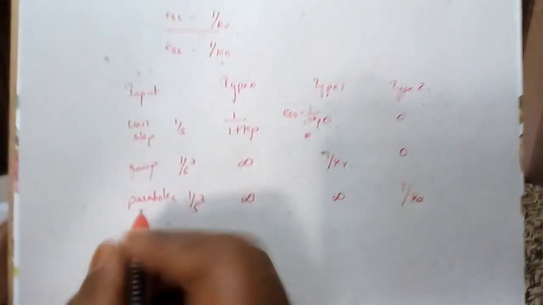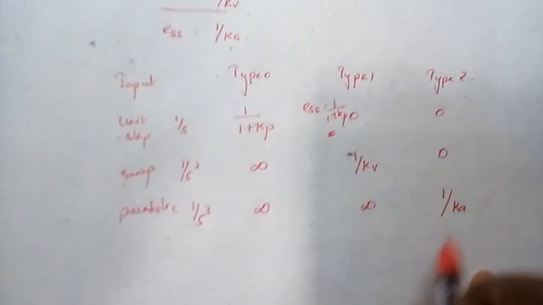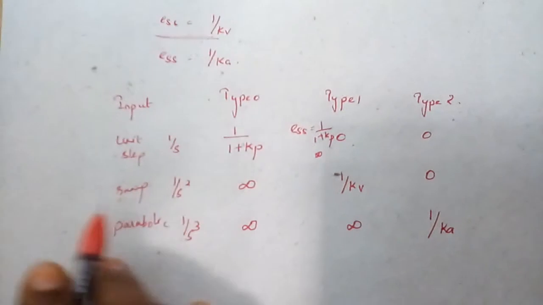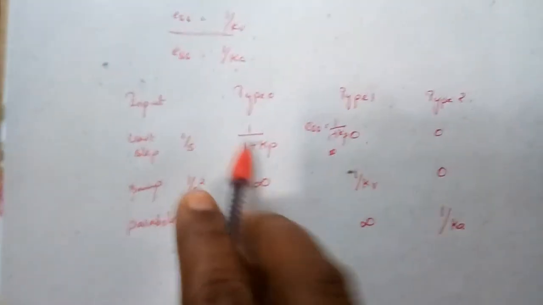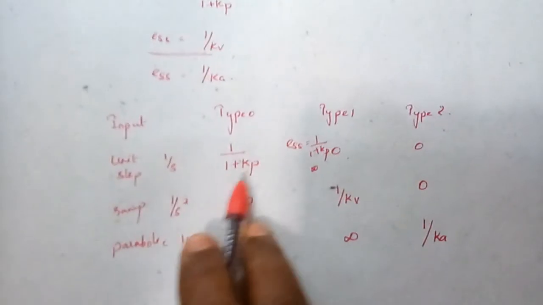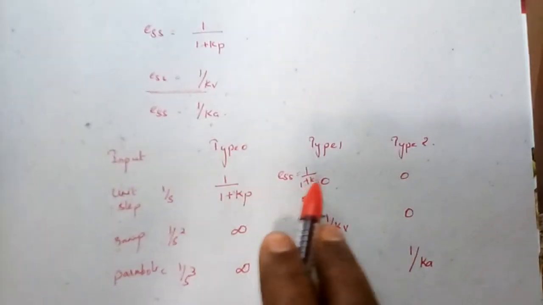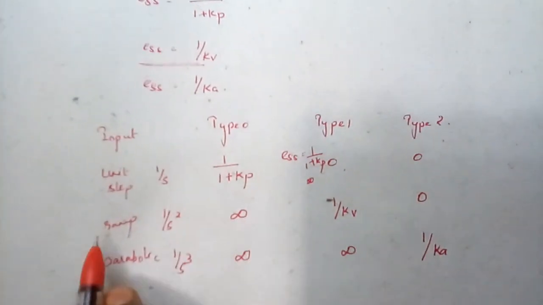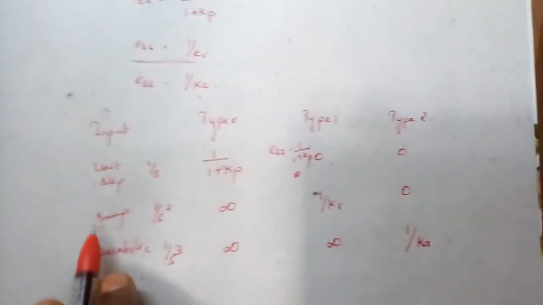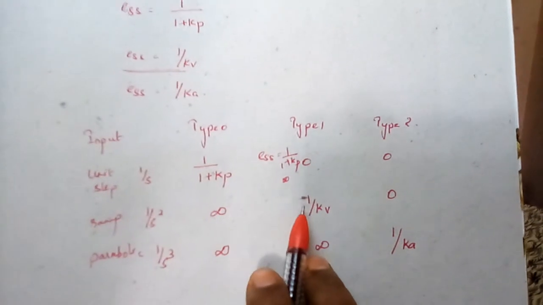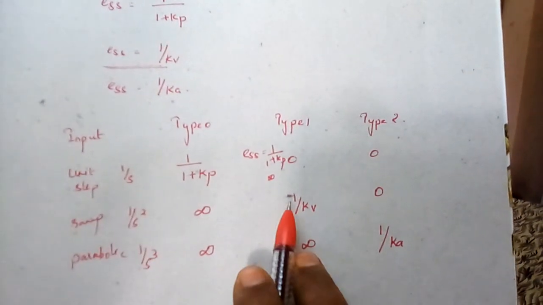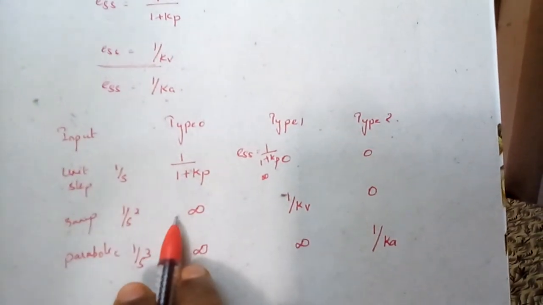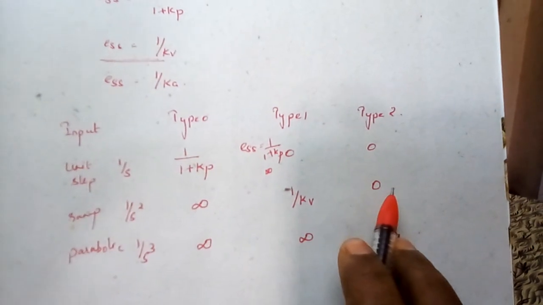So, from this table, we come to know that for the unit step input the positional error is present only in the case of the type 0 system, and for the type 1 and type 2 systems it is 0. For the ramp input, it is applicable only for the type 1 system, the type 0 system will be infinite, and the type 2 system will be 0.